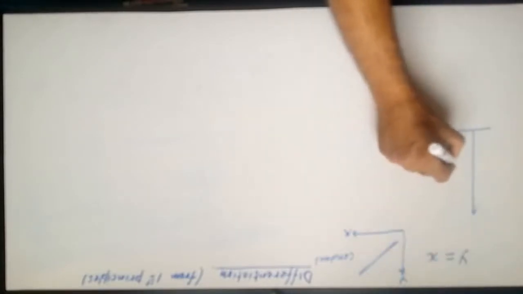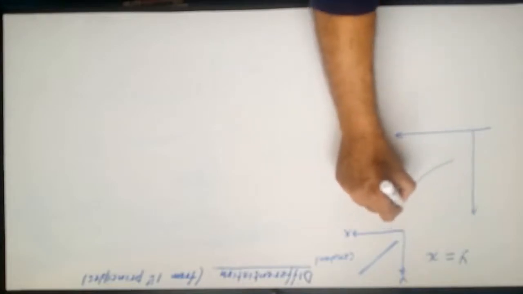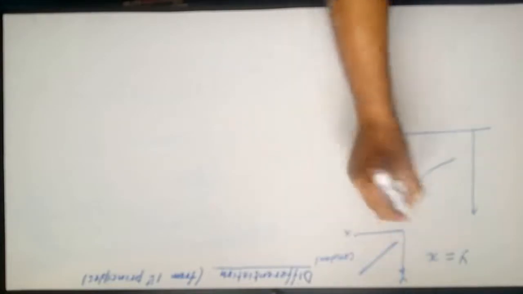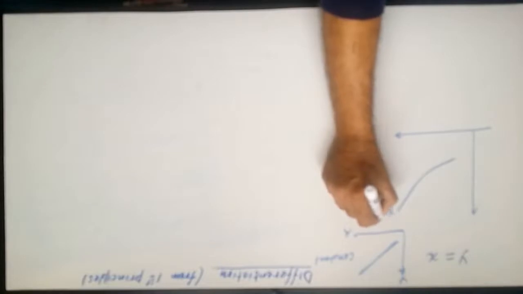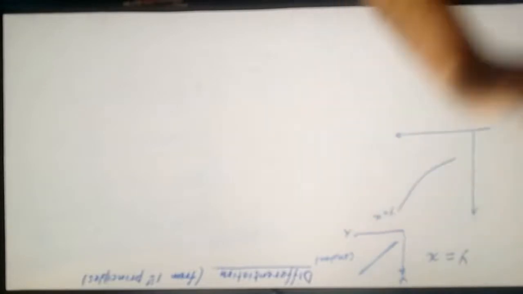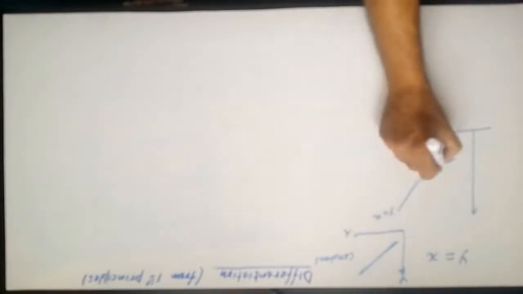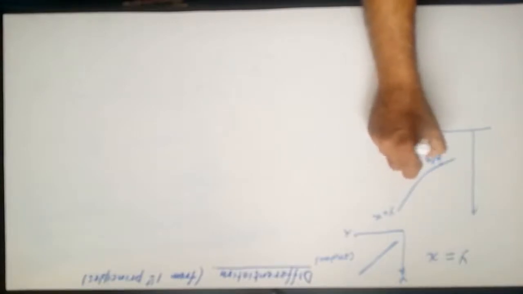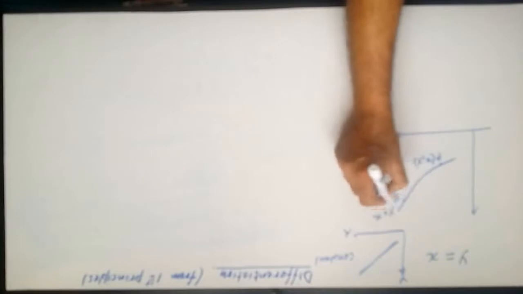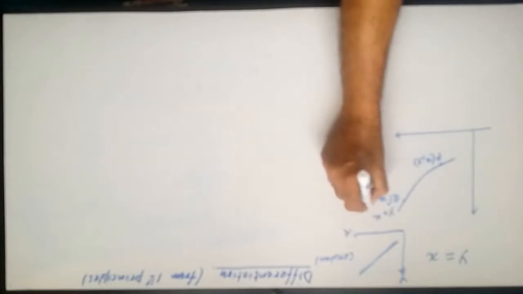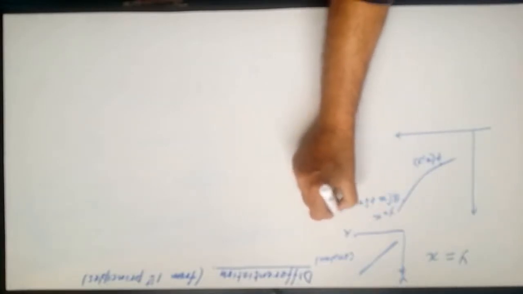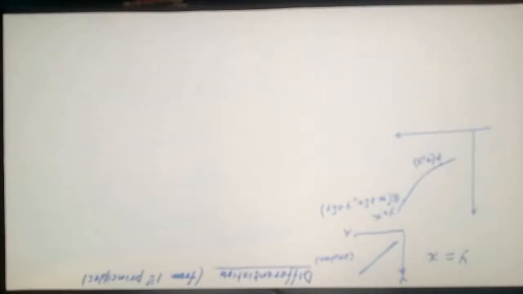Let's say y equal to x, we can take this as a curve, let's say, for the instant. So we will take a point P, a point x and y, and a point Q, which is x plus delta x and y plus delta y.